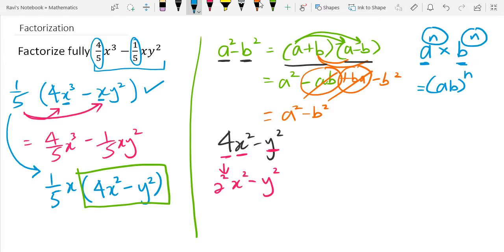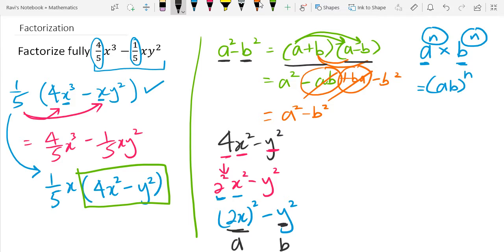The same thing over here. I have 2 and I have x, two different bases but the same power. So this is equivalent to (2x) squared minus y squared. Now you can see how this is going to work out. This whole term here, 2x, will be my a, and this term here, y, will be my b.